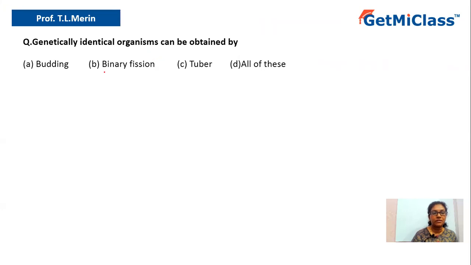So the key term is genetically identical. So that is important. So what are they asking about? Genetically identical organisms. So what do you mean by genetically identical organisms? These are the organisms which are identical with respect to the genes.